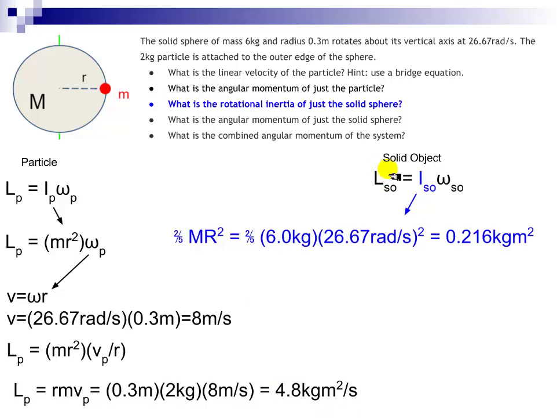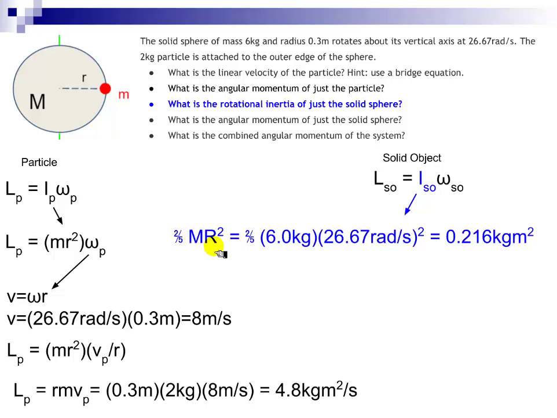For the solid object, we're first going to have to find the rotational inertia of the solid object to answer the question, what is the rotational inertia of just the solid sphere? So the rotational inertia is 2/5 mr squared. Again, this is a solid sphere, so we have to know which equation to use.